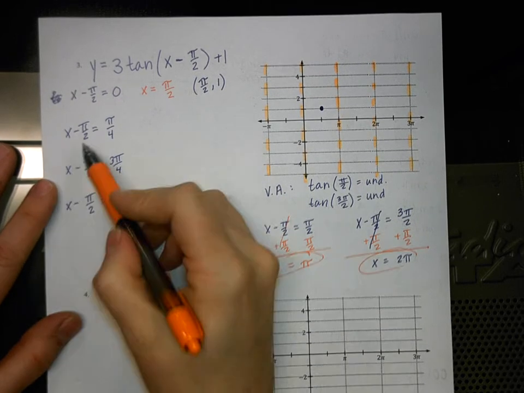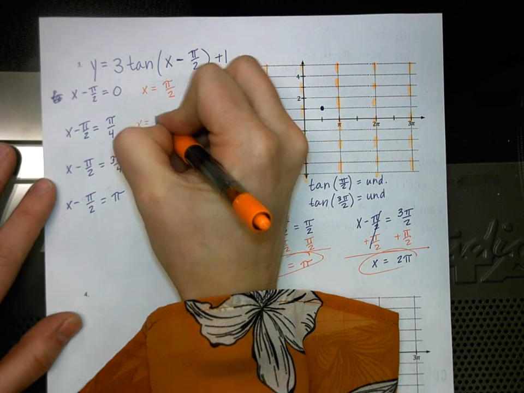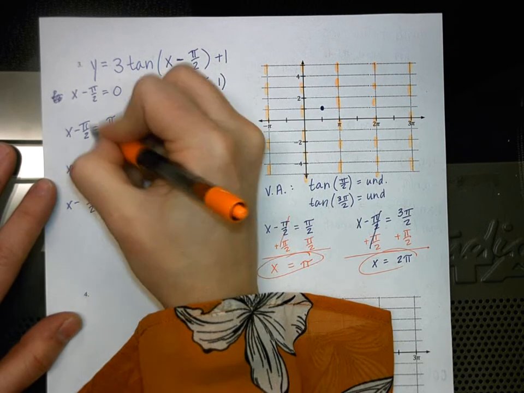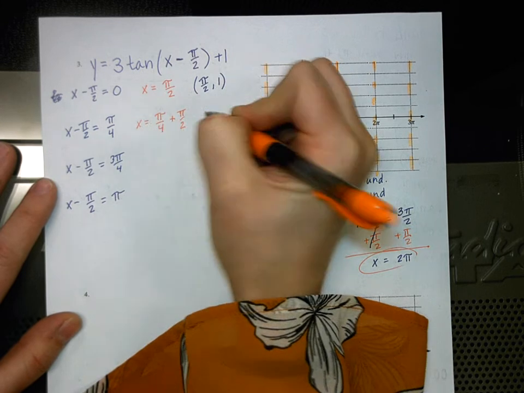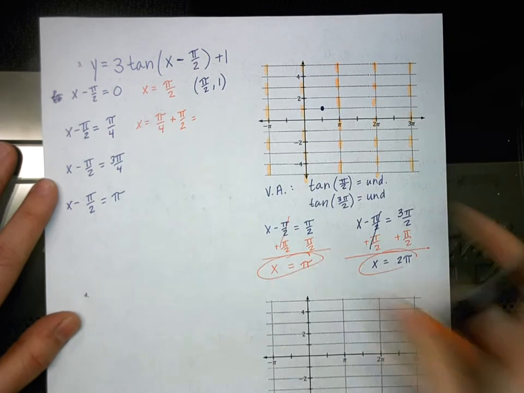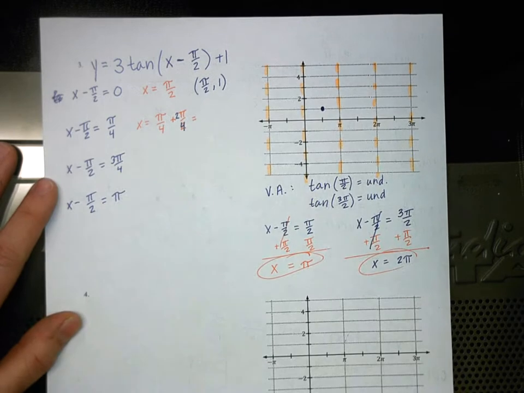All right. Pi over 4. Add pi over 2 to the other side. We need a common denominator. So this is actually 2 pi over 4.